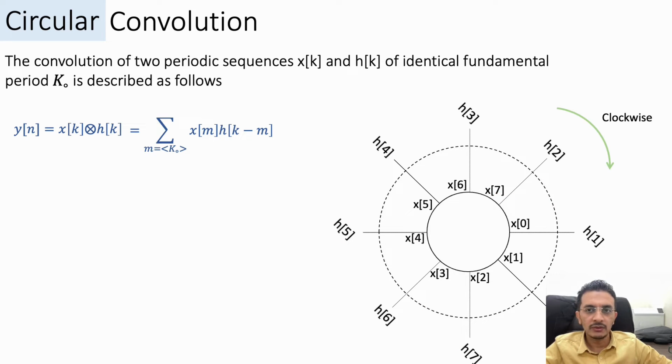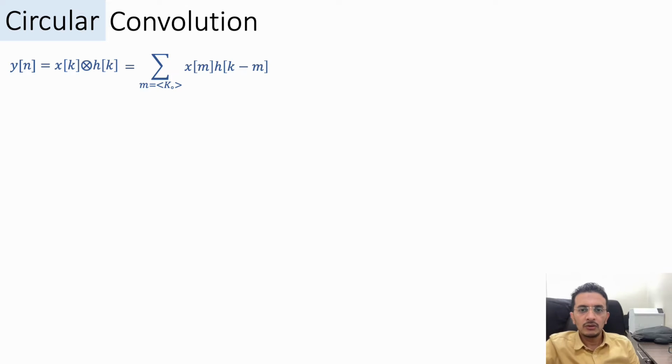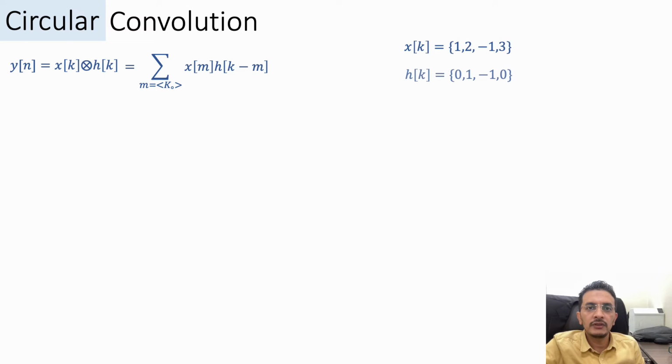Now let us do an example, and that will further help you understand how it works. Consider that we have these two sequences, one is xk and the other one is represented with hk. We want to find out their circular convolution. In order to find it, note that their fundamental period is 4.